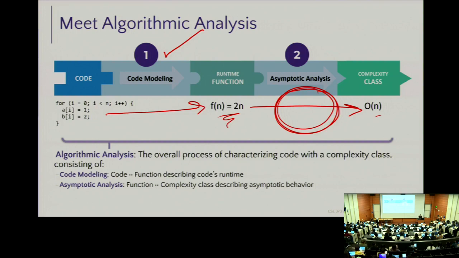The way that we do this is with something called asymptotic analysis. Asymptotic analysis is specifically the thing we use to refer to this movement from the specifics of the code function to this idea of the overall complexity class.